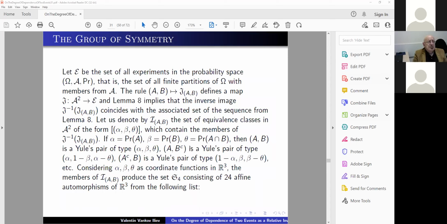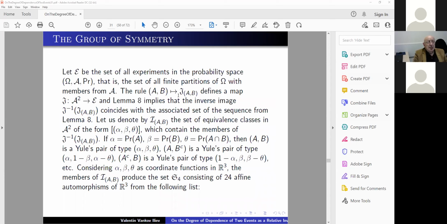And now let's consider the set of all experiments in the probability space omega A. This is the function of probability. This is a measure. This means the set of all finite partitions of omega with members from A. And then this obvious rule defines a map from the pairs to the set of all partitions.